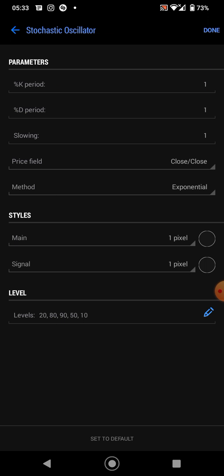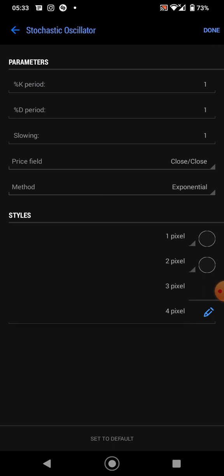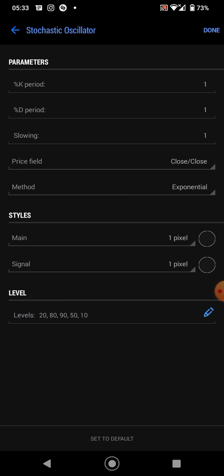These are your settings: K period is 1, D period is 1, slowing is 1, price field is close to close, method exponential. For the style, you just use 1 pixel and the color of your background. If it's white, pick white. If it's black like mine, pick black.